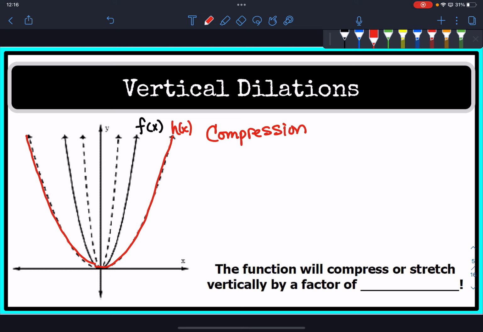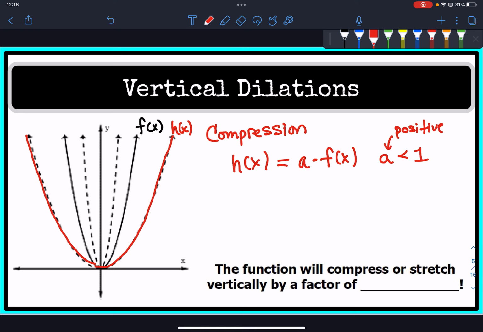We'll call it h of x. We create this compression h by multiplying our function of f of x with a number a that's going to be less than 1. It's a positive number again, a positive number that is going to be less than 1. And that's going to compress it vertically and make the graph look wider.